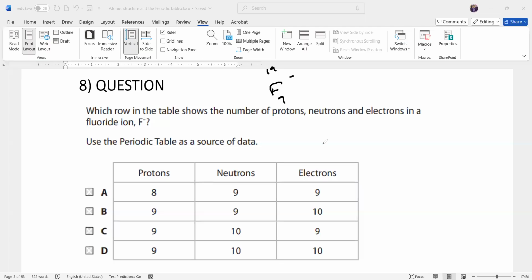How many protons are there? There are 9 protons. 19 minus 9, 10 neutrons. And how many electrons? The charge is -1, so there will be 10 electrons. So protons are 9, neutrons are 10, and electrons are also 10. So it matches option D.